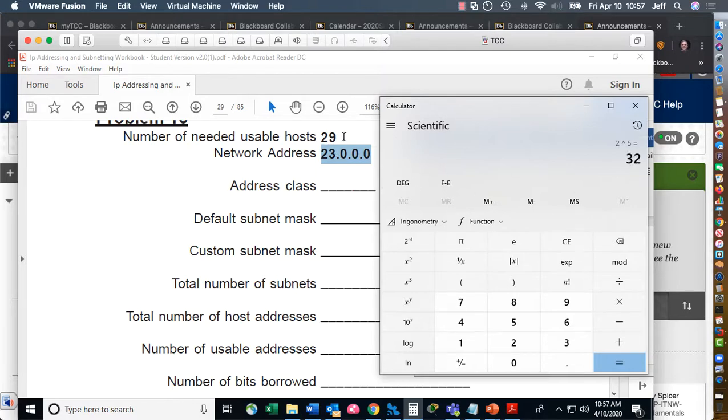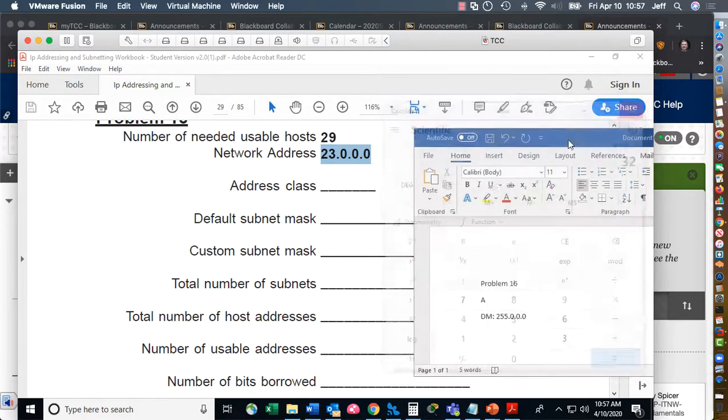So we need 5 bits in order to have at least 29 usable hosts, right? Because we subtract 2 from 32, we get 30. That meets our requirement of at least 29 usable hosts. So we've got 5 bits that we have to have for hosts.